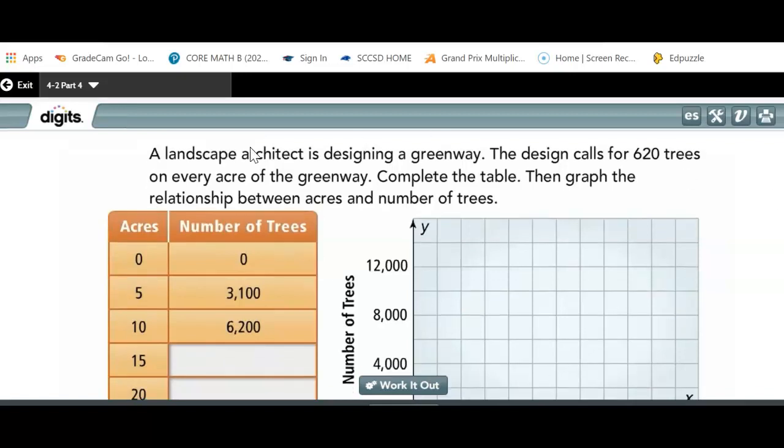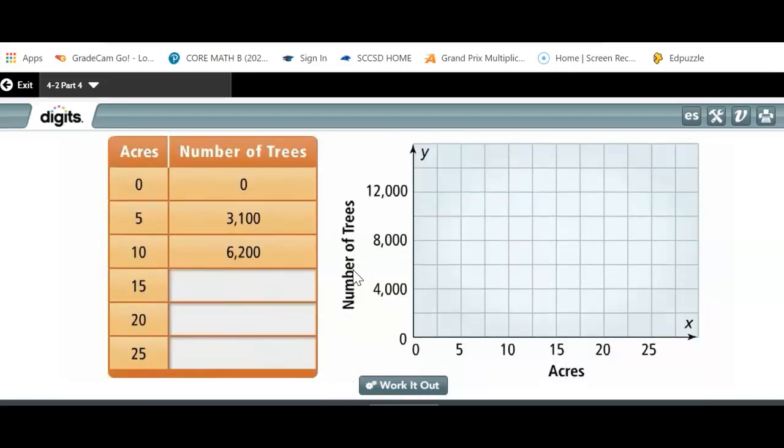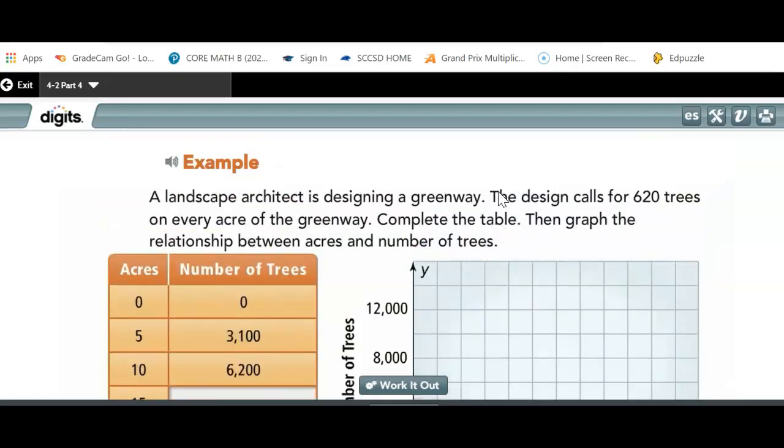A landscape architect is designing a greenway. The design calls for 620 trees on every acre of the greenway. Complete the table, then graph the relationship between the acres and the number of trees. So we need to complete this table. It says that their design calls for 620 trees on every acre.